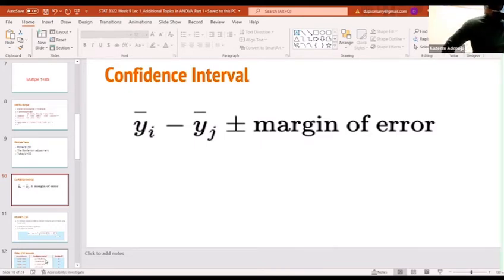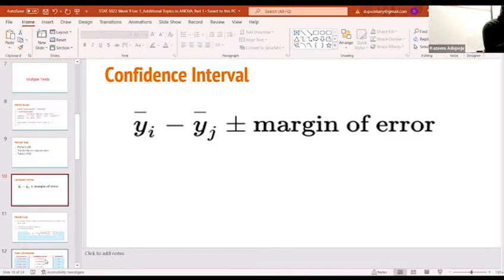But let me tell you this. Whether I want to use the Fisher LSD, or a Bonferroni correction, or a Tukey HSD, I'm going to make use of this formula for the confidence interval, but the only difference is the margin of error. The margin of error of each of the multiple comparison tests is not going to be the same.